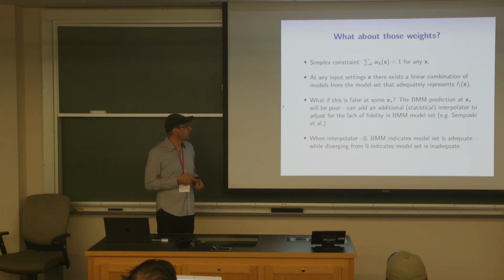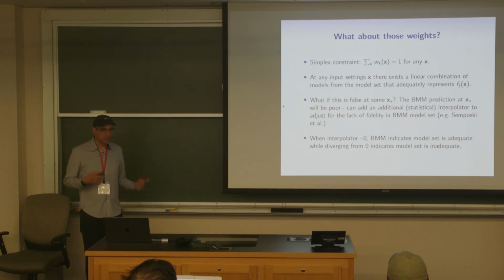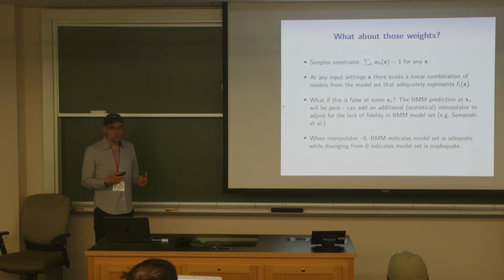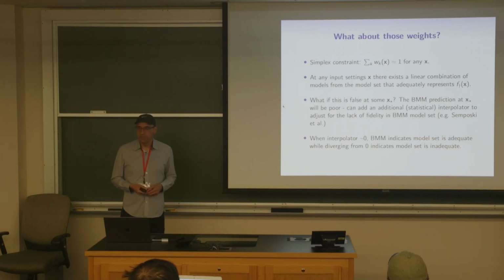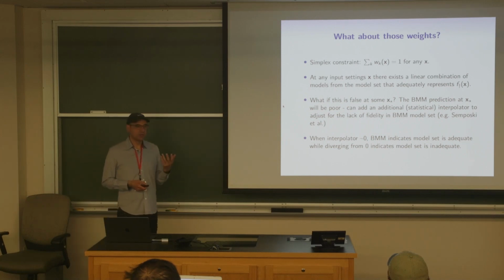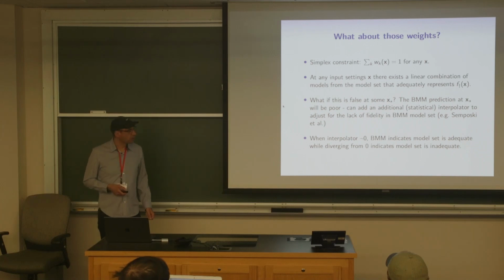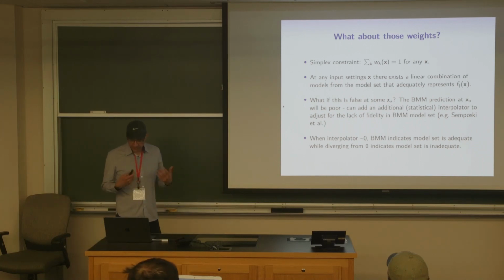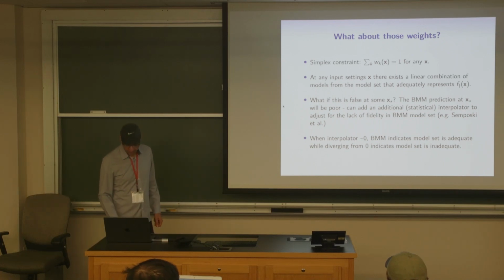The idea here is that if this interpolator is something like 0 at a given x, then that indicates that there is a collection of models in your model set that's adequately representing reality. Whereas if it diverges from 0, then that's when you know that the set is inadequate. Your model set does not have enough information to actually capture what's going on in reality. That can be helpful in identifying where you fail even with a set of many models.